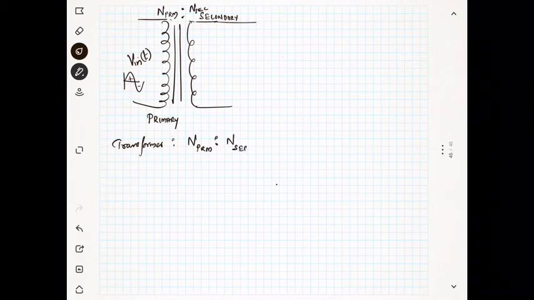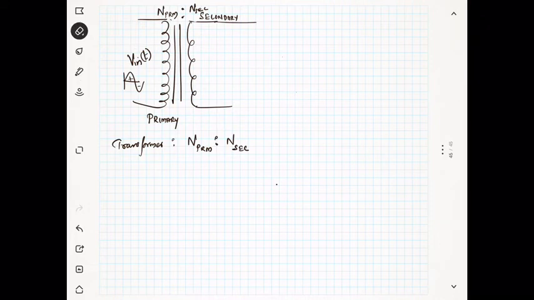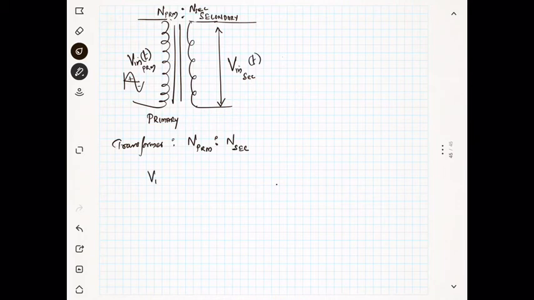This is your voltage V in primary, and you will get some voltage here, known as V in secondary as a function of time. How do we calculate this V in secondary?